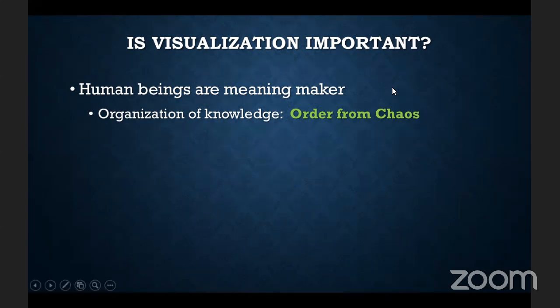So every time your brain tries to put them in order, to understand the meaning, to connect that information with each other, and finally, after connecting each node of information, it makes a complete concept, or it gathers knowledge. This way knowledge is formed in our brain. So it is our basic nature to create order from chaos.